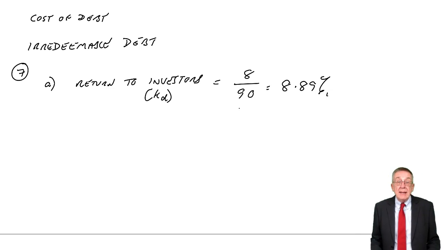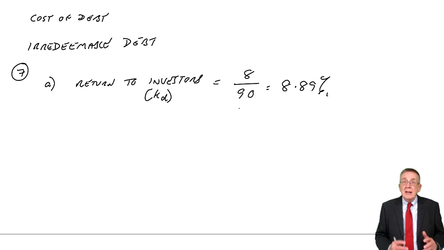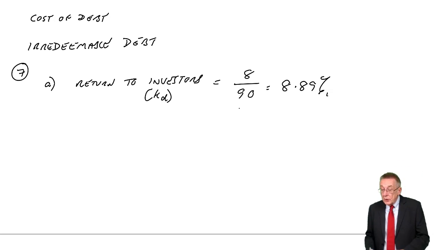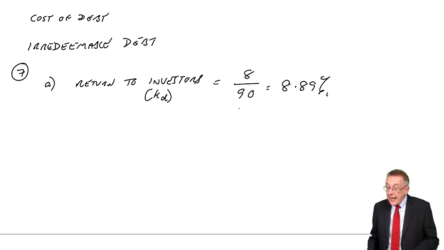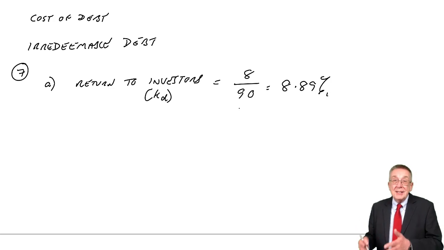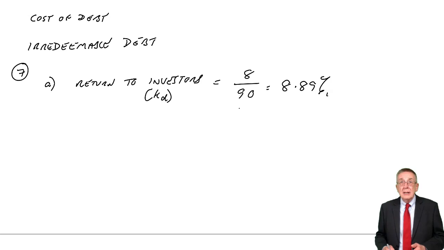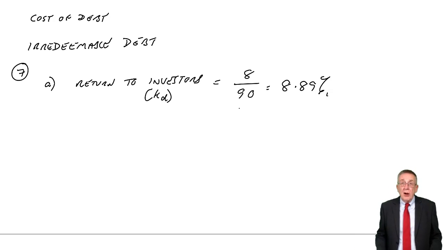When it was issued, 8% may have been a reasonable rate. But that money's already been invested. We're looking to estimate the cost of raising new finance. And I say again, if investors can get 8.89% by buying debt on the stock exchange, that's the return we're going to have to offer them to get them to lend us new money.